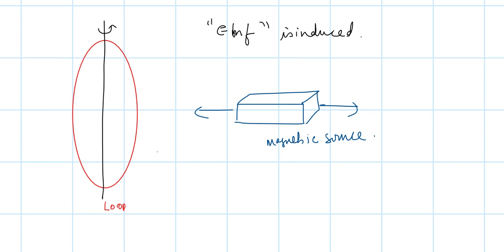An EMF is induced. It is found that the quantity that we need to define is not just the magnetic field that crosses a region, but it's the effective amount of magnetic field, or the magnetic field lines, or the magnetic field intensity that crosses the given loop.